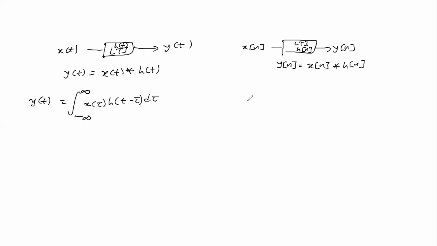And in the discrete sense, we now have y of n, sigma being the sum of the scaled and shifted component, for which k takes on values from negative infinity to positive infinity. So we have s of k, then h of n minus k.